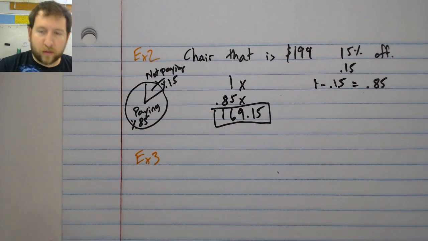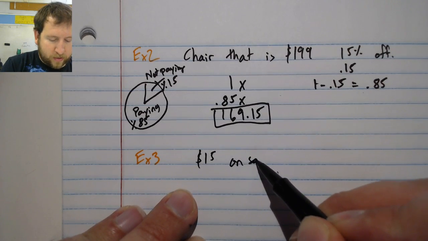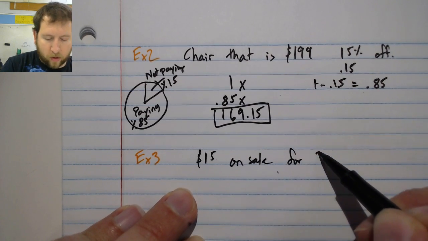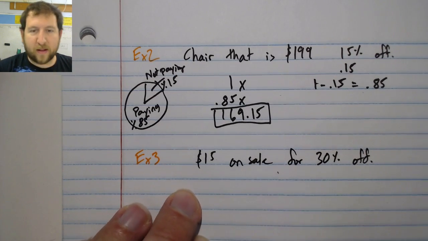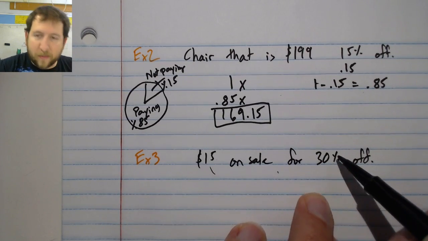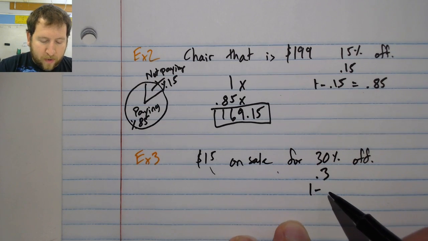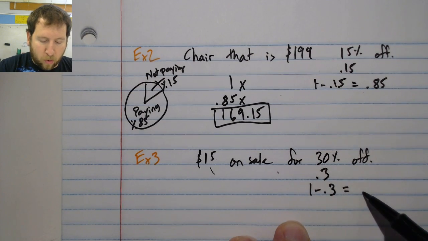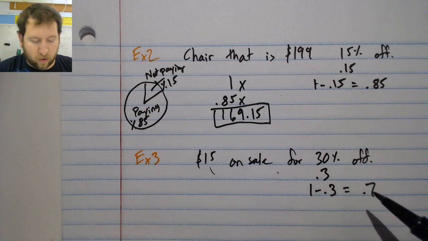Let's see, we have a shirt, a $15 shirt on sale for 30% off. Okay, so if I think of x being $15, the real question is, how much of this shirt am I going to be paying? Well, this is 0.3. 1 minus 0.3 is equal to 0.7. So I'm really going to pay 70% of this total shirt.